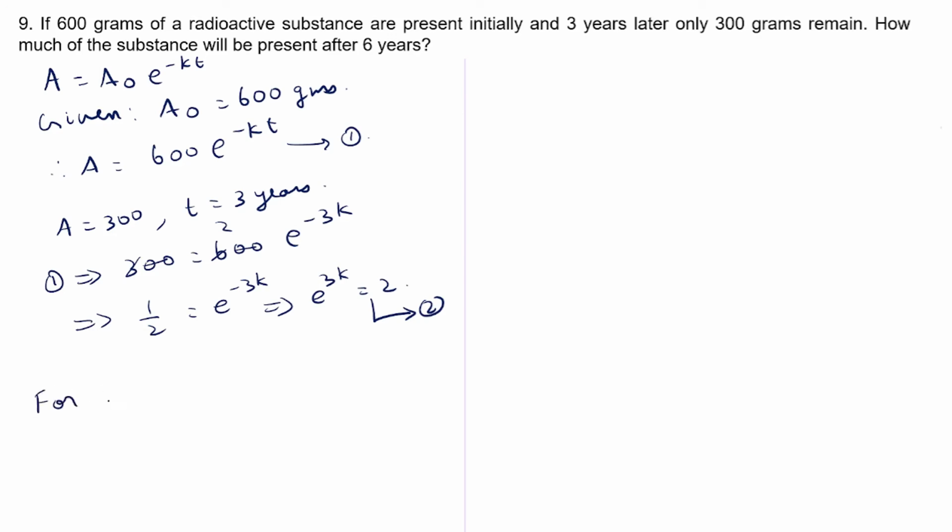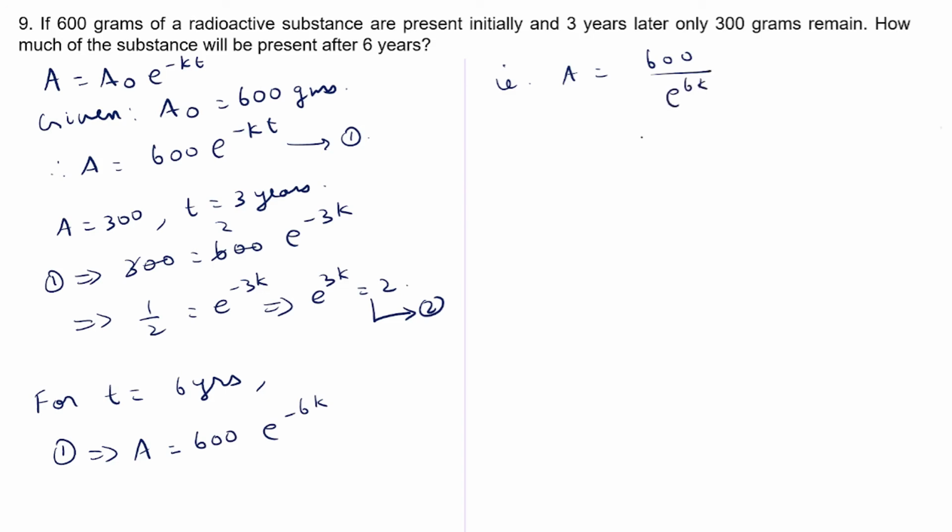So for t equal to 6 years, equation 1 implies A equal to 600 into e raised to minus 6k. That is A equal to 600 upon e raised to 6k. This e raised to 6k we can write as e raised to 3k the whole square.